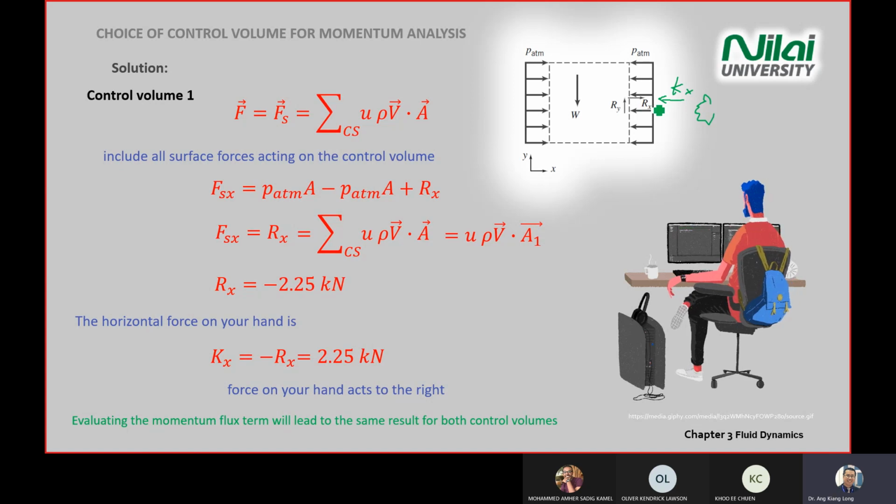To balance the Rx, there is an opposite direction felt by the hand. The hand is given by Kx. So you write Kx equal to negative Rx, you substitute negative 2.25, you get positive 2.25 kilonewton that you feel in your hand. The force is acting to the right.